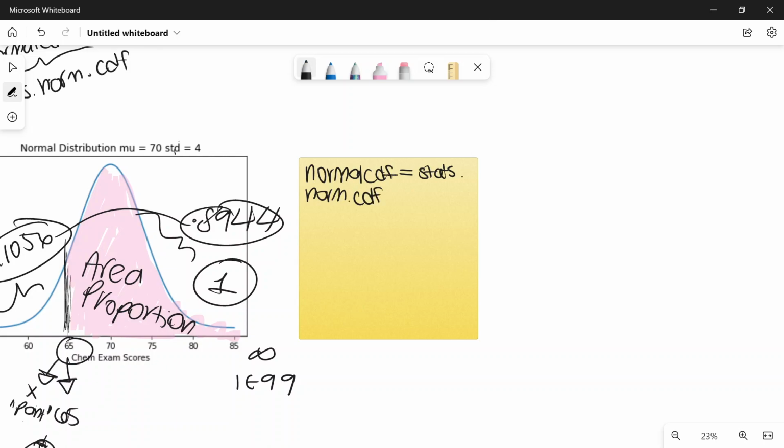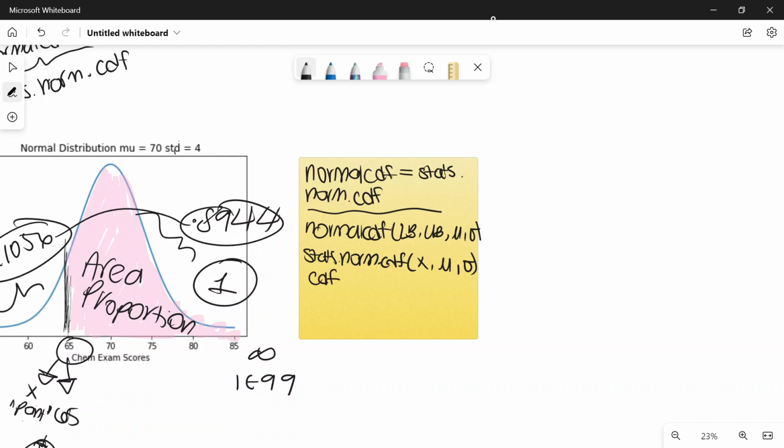Except that normal CDF only takes in your lower bound, upper bound, mu and sigma, and then stats.norm.cdf takes in your x, mu, and sigma, and then just know that CDF in Python is area below a point.